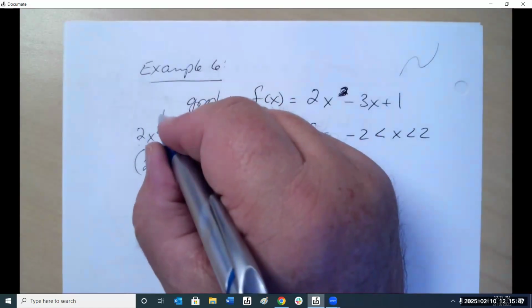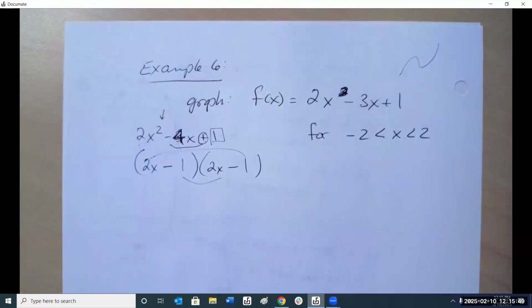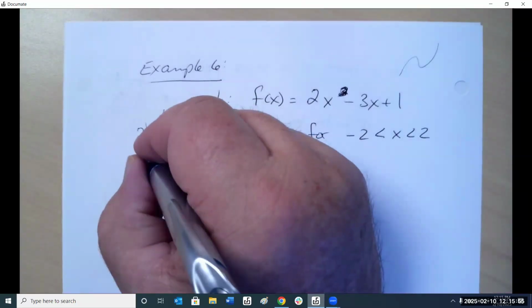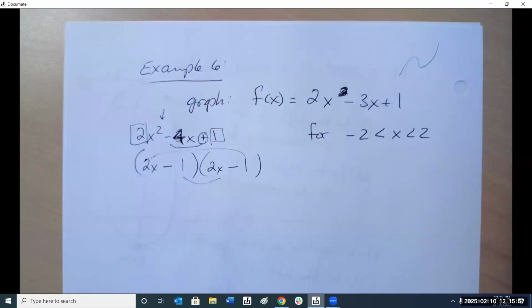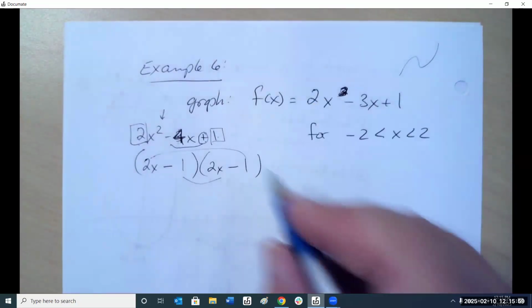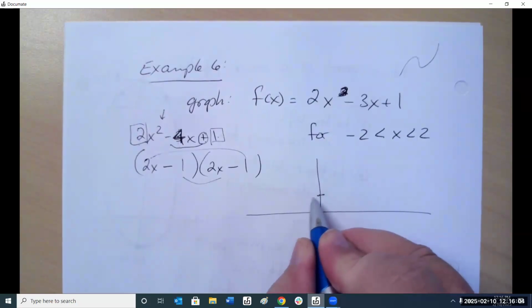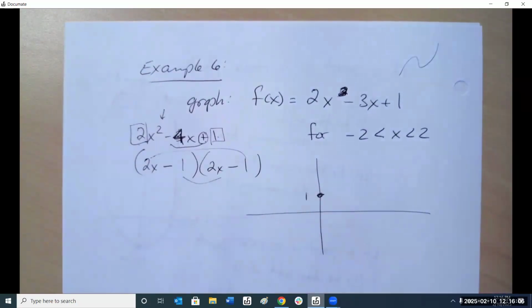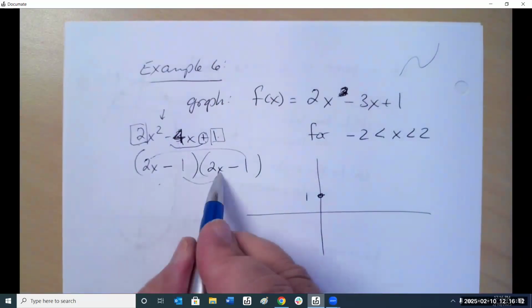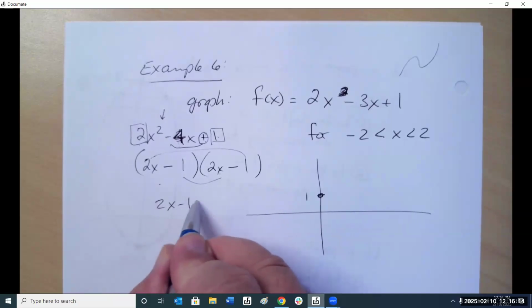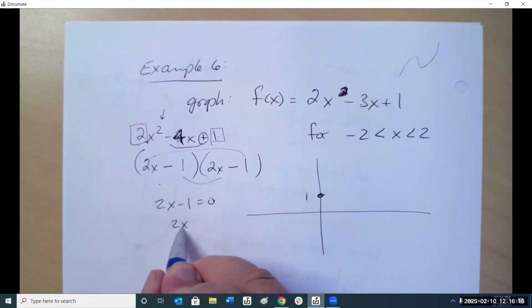It's a quadratic equation, so what's the shape of it? It's a U. Does it open up or down? That's positive, so it's up. The y-intercept is 1. Where's our x-intercept? Since these are both the same, take those, set it equal to 0.